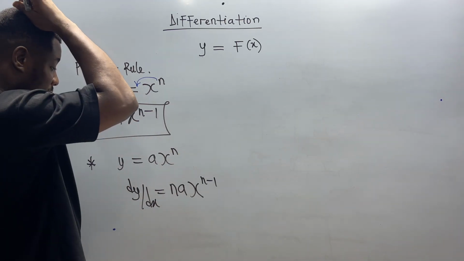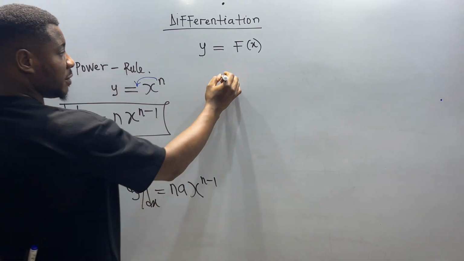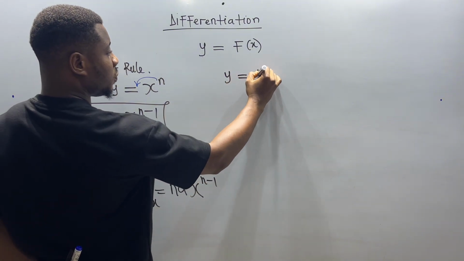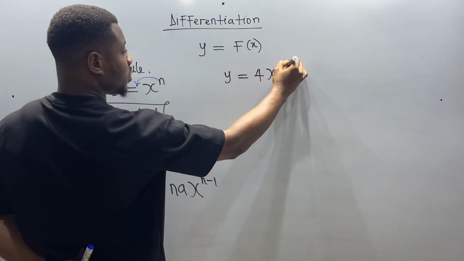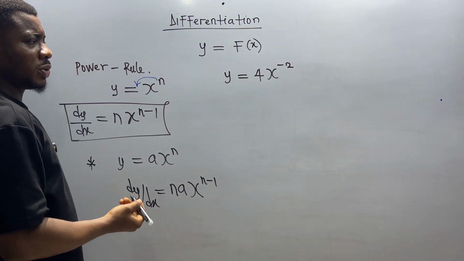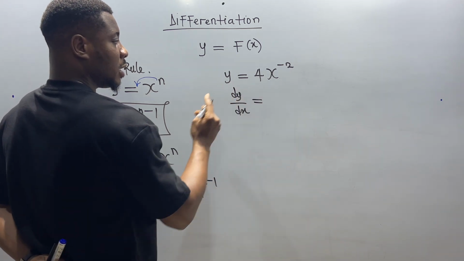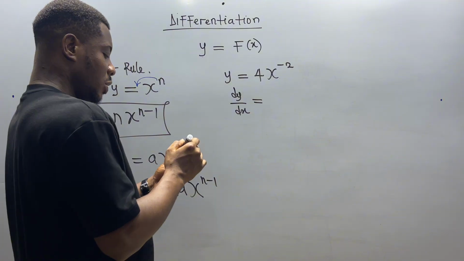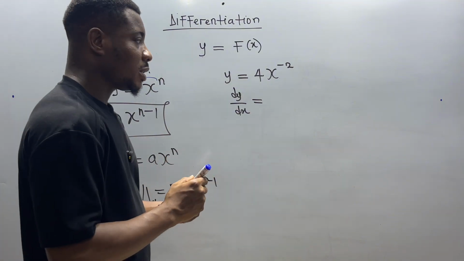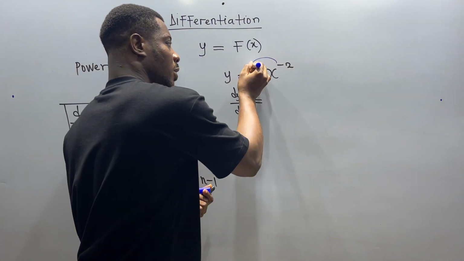So if I have a case like this, let's say y is equal to 4x raised to the power minus 2, and I'm asked to find dy over dx, what happens? We don't do anything different. The same power rule: the power comes down.